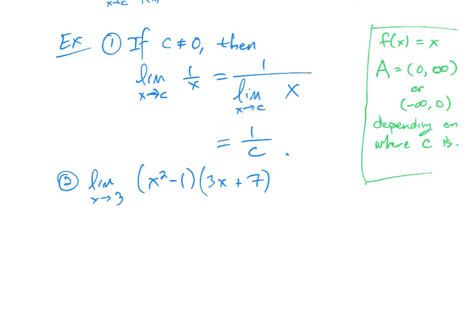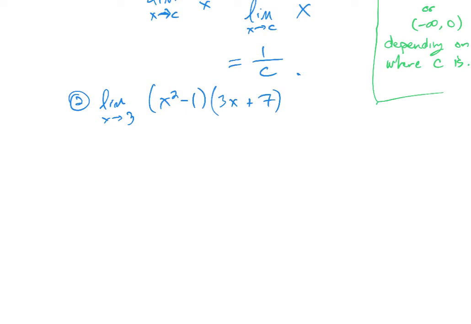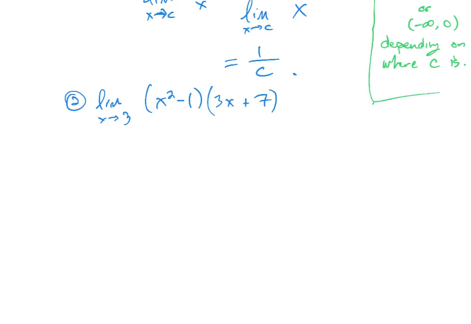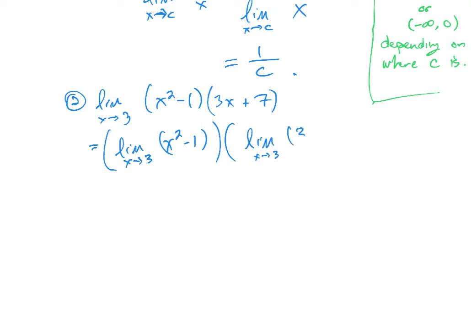Your proof would start, let epsilon greater than 0 be given, and then you're going to have to find the delta that works. Now, thanks to our theorem, that is the limit as x goes to 3 of x squared minus 1 times the limit as x goes to 3 of 3x plus 7.